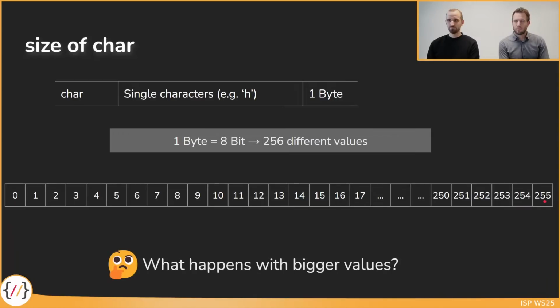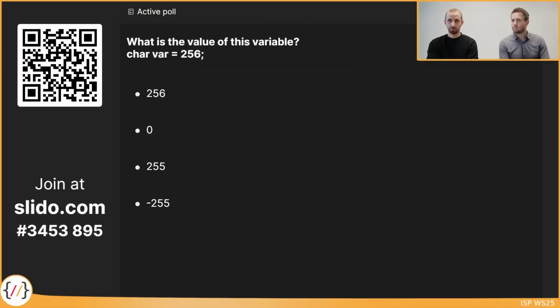What does that mean if we need bigger values? Let's say we want to store the value 256 or 270 or, I don't know, 1000 inside the character. What happens then? That's the question for you now.